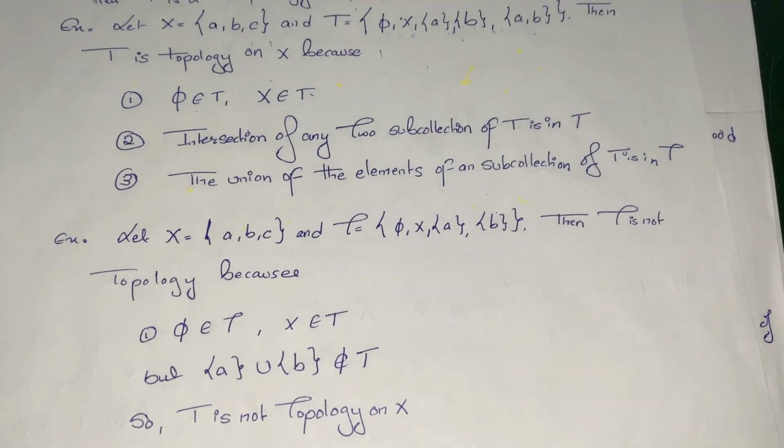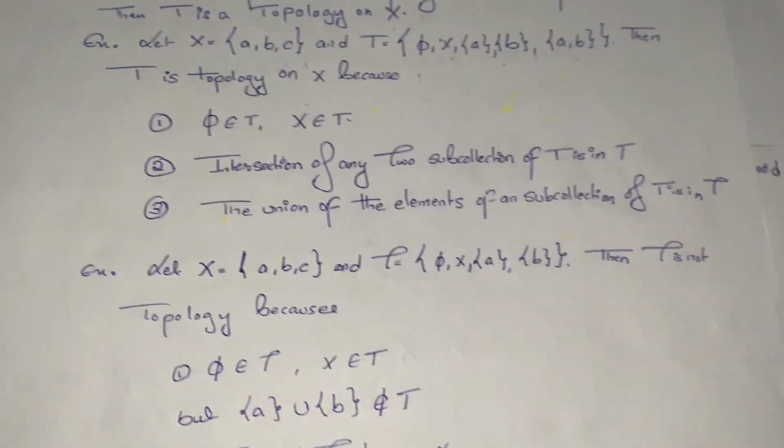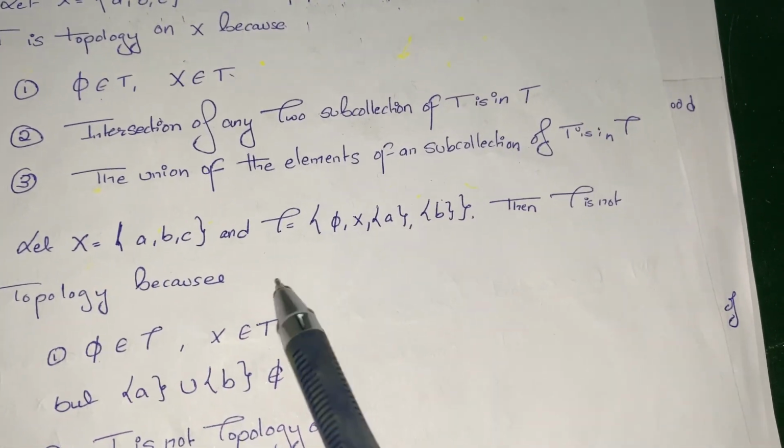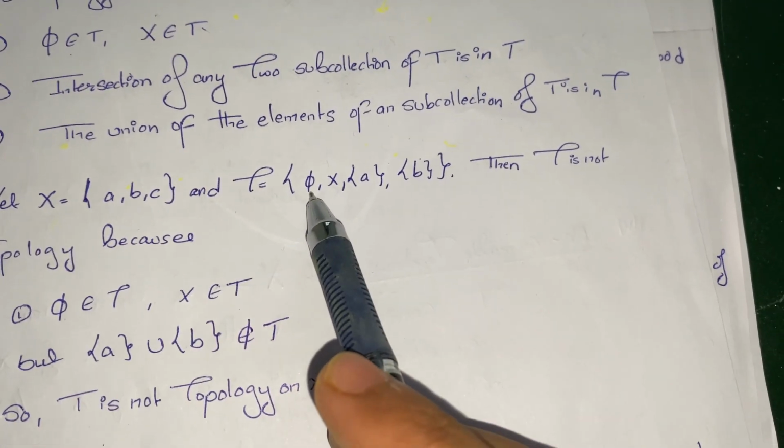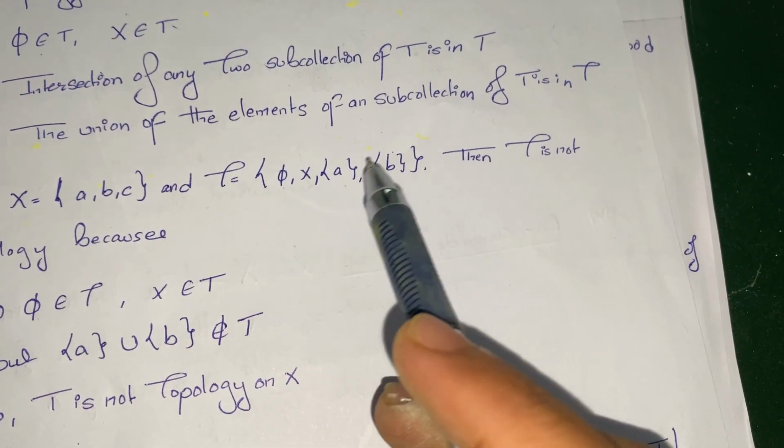Let me give you another example. Let X be equal to {a, b, c} and T is equal to phi, X, {a}, {b}.